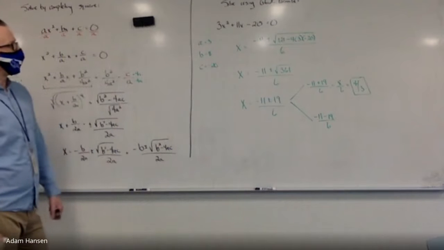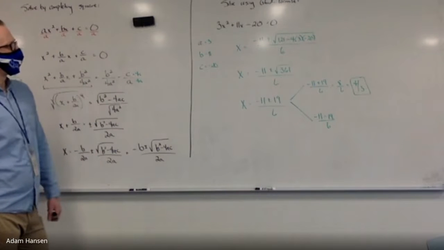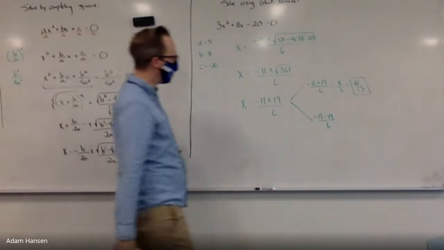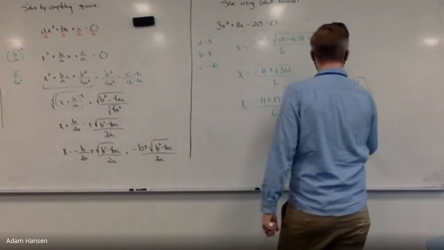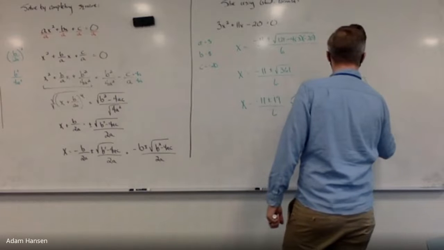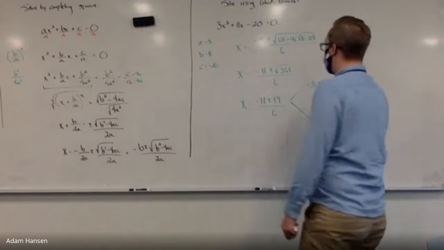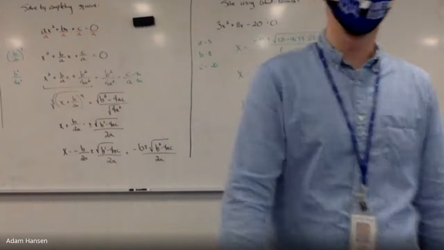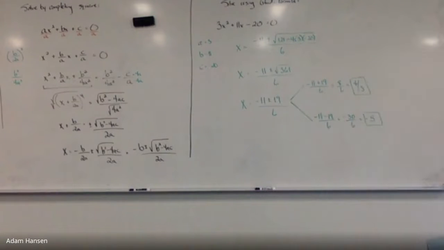Negative 11 minus 19, what is that? Negative 30. When I divide by 6, 5, positive or negative though, please? Negative 5. There's your final answer. Our answers are 4/3 and negative 5.